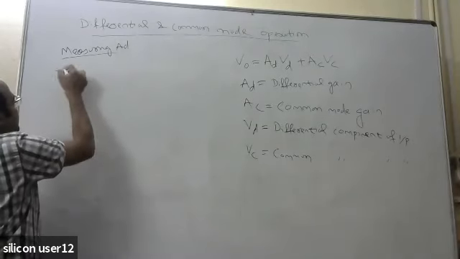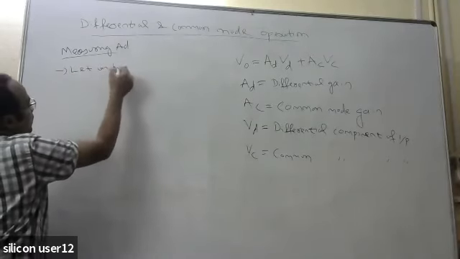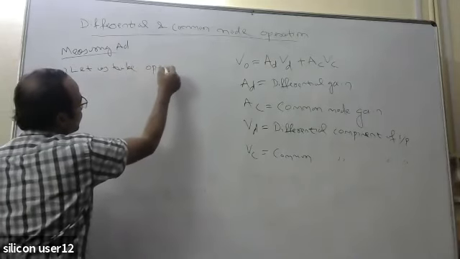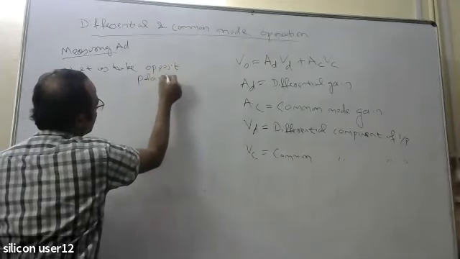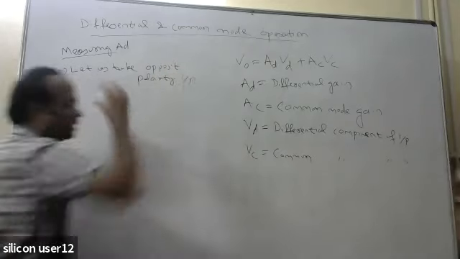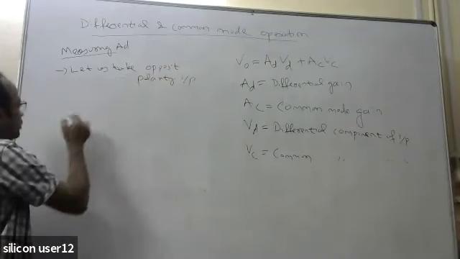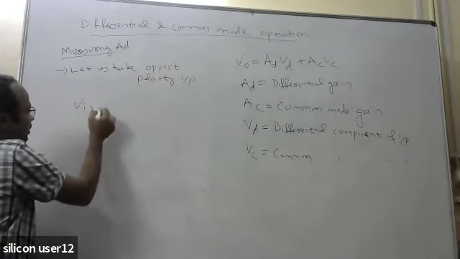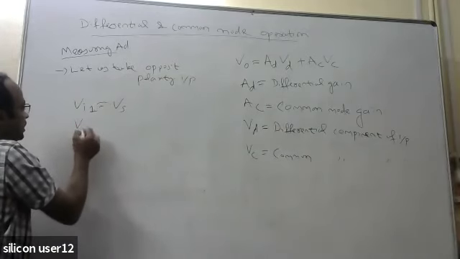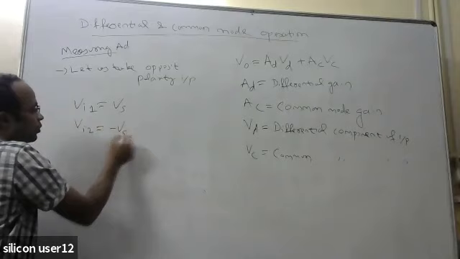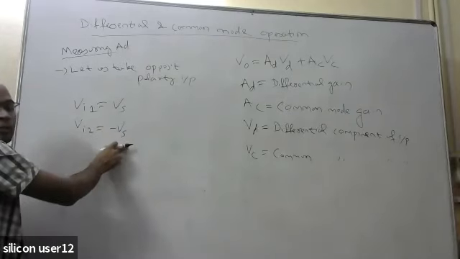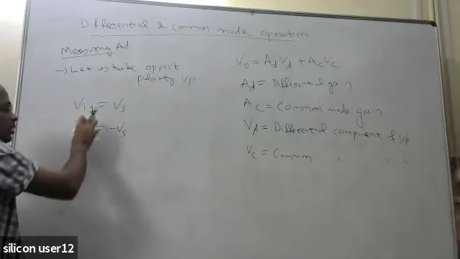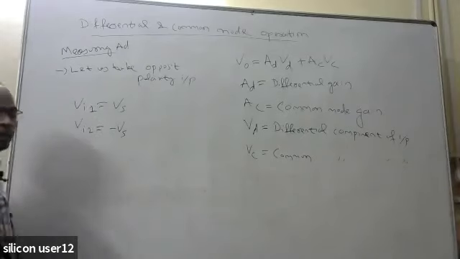Let us say my Vi1 equals Vs and Vi2 equals minus Vs. So I am taking two different signals, Vi1 equal to Vs and Vi2 equal to minus Vs. That means Vi2 is exactly opposite of Vi1.